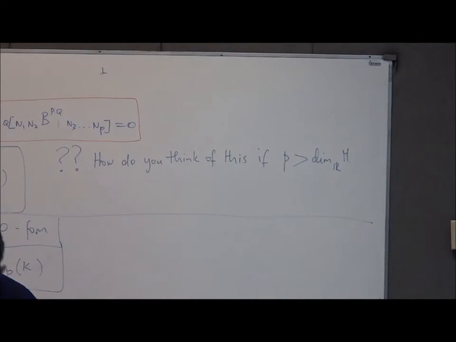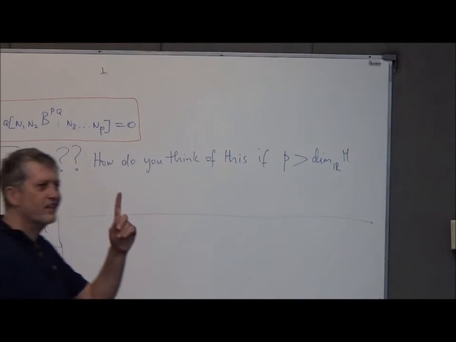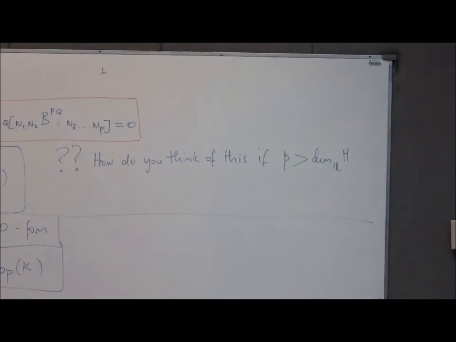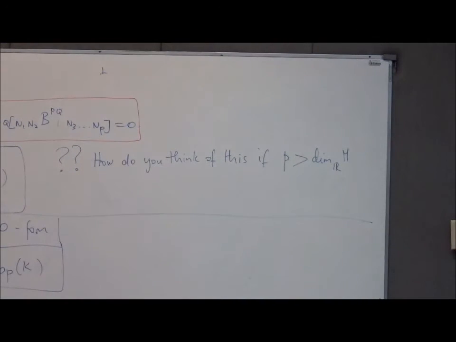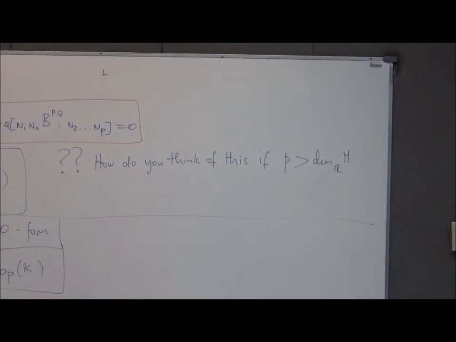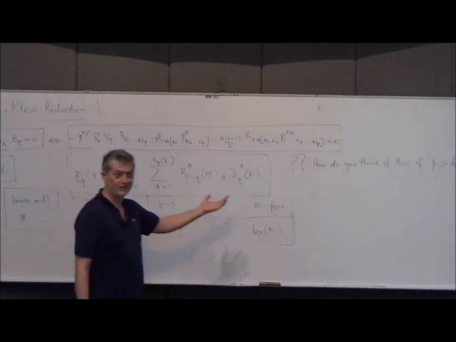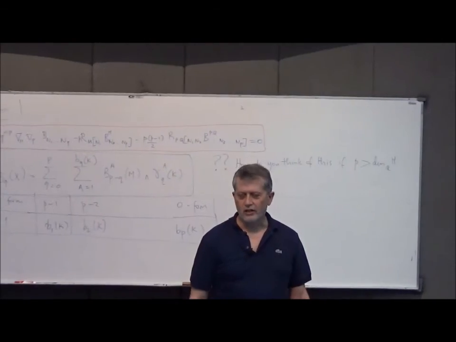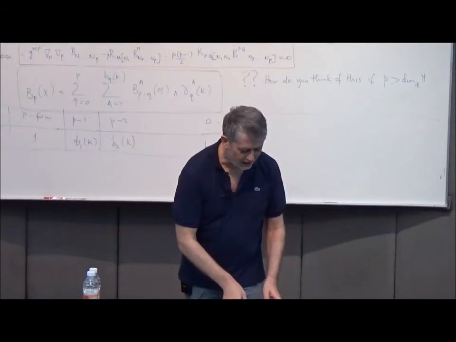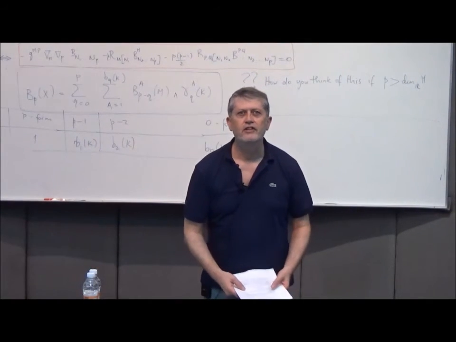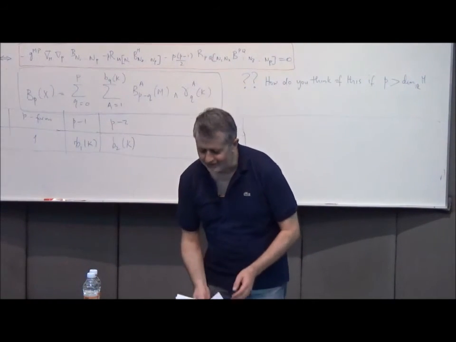Yeah, that one's worth thinking about. Remember, we have a P form on X. P could be bigger than the dimension of M. So it says something about the formulae that I'm writing here. You have to be very careful about how you read these. Thank you.